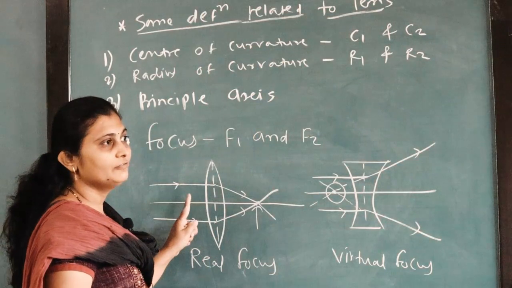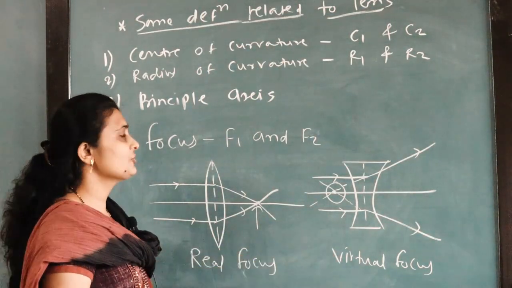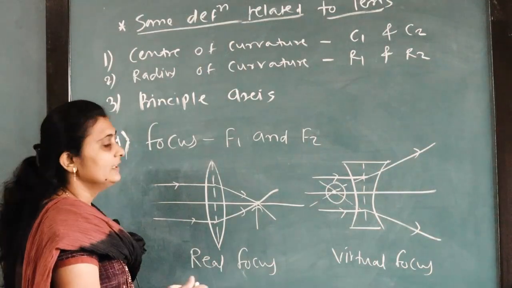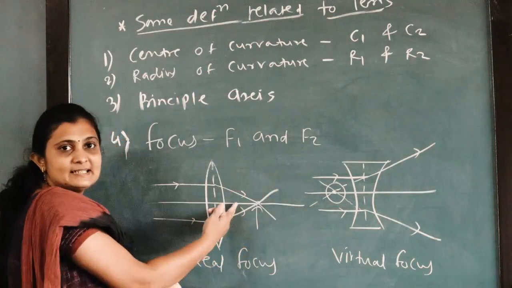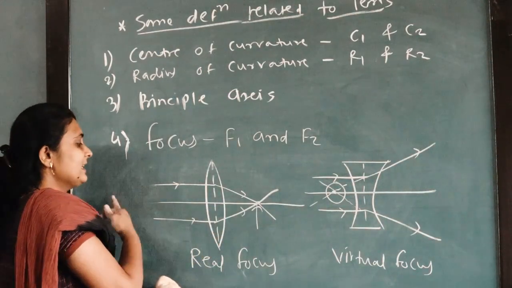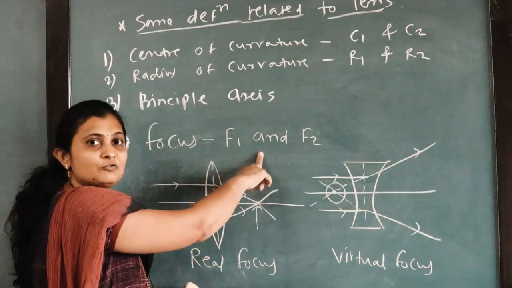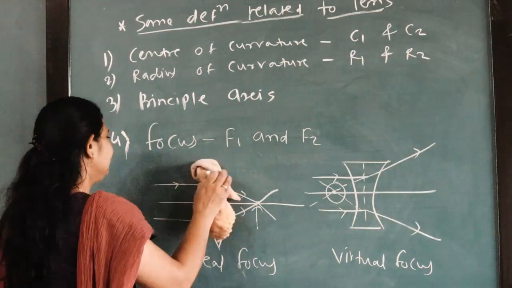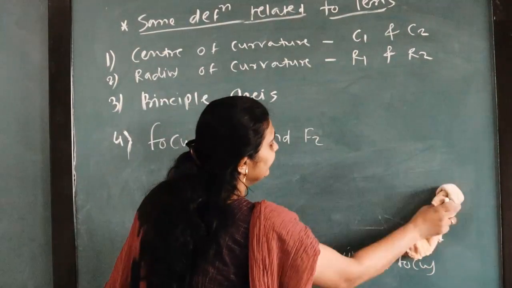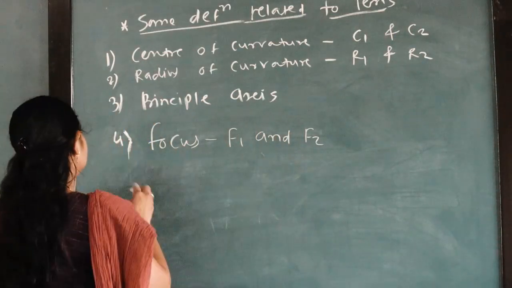Understood? Convex lens real focus, concave lens we get the virtual focus, F1 and F2. Suppose the incident rays are coming from this side, then you get the focus point here, and if incident rays come from this side, then you get the focus here. So there are two foci, F1 and F2. In a mirror there is only one reflecting surface, but in a lens there are two refracting surfaces.